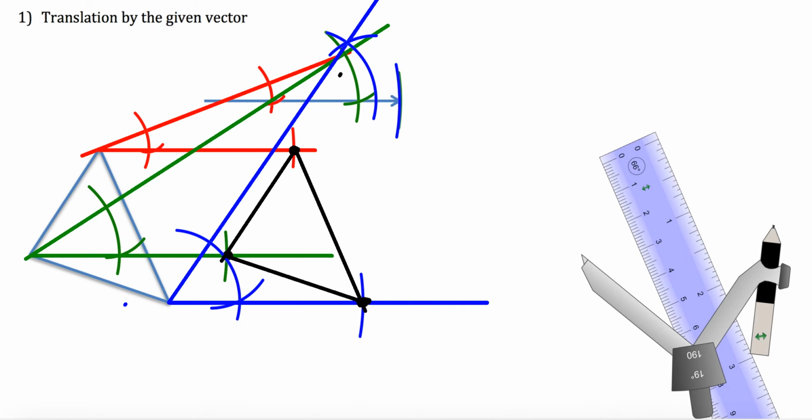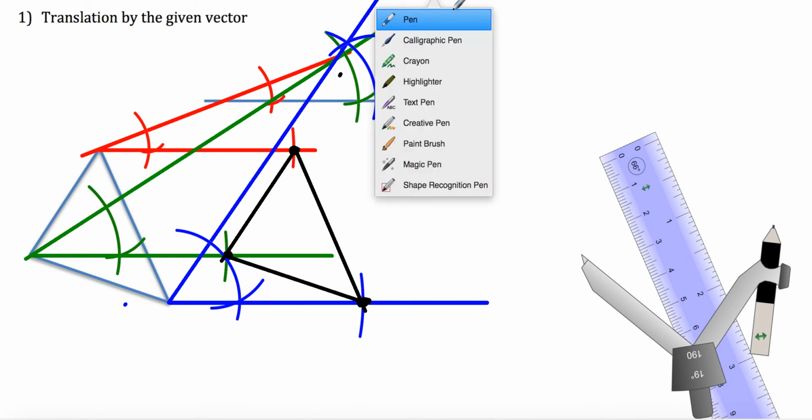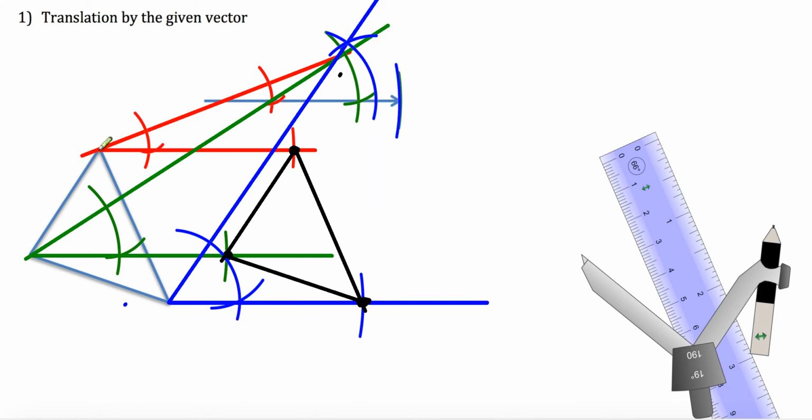So basically what we have done was we copied this highlighted triangle through this given vector, hence our result was right over here. All right, so with that we just finished translating a triangle by this given vector.